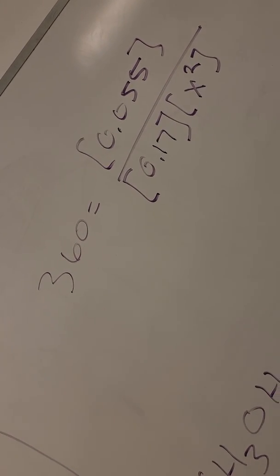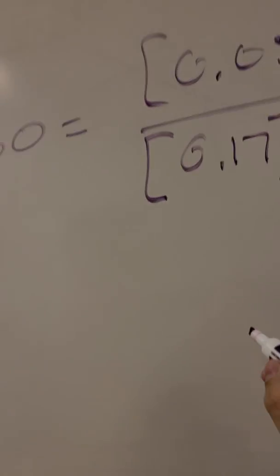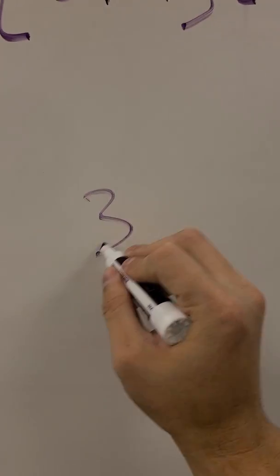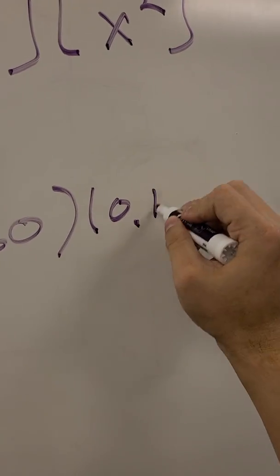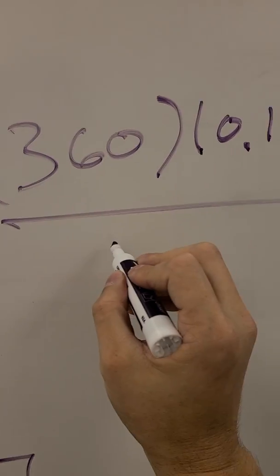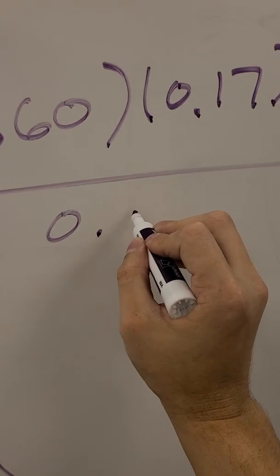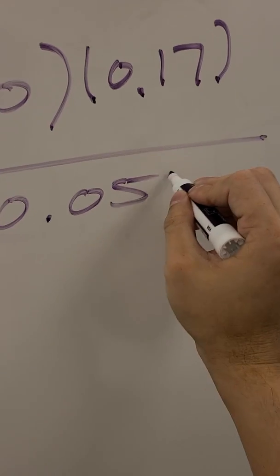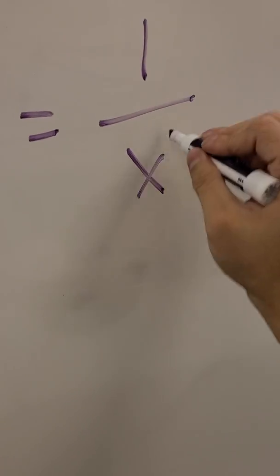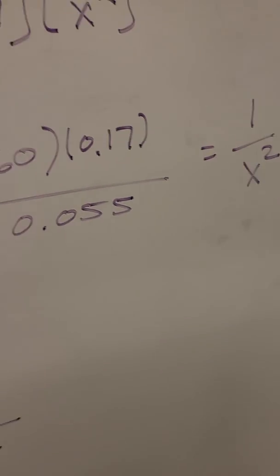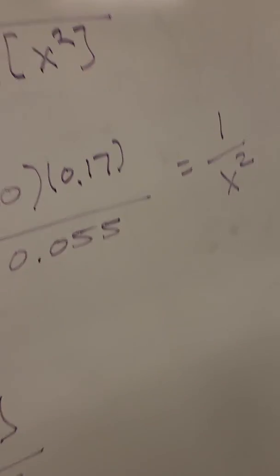So what I can do now is 360 times 0.17 divided by 0.055 equals 1 over X squared. So I can flip the entire equation and then take the square root.